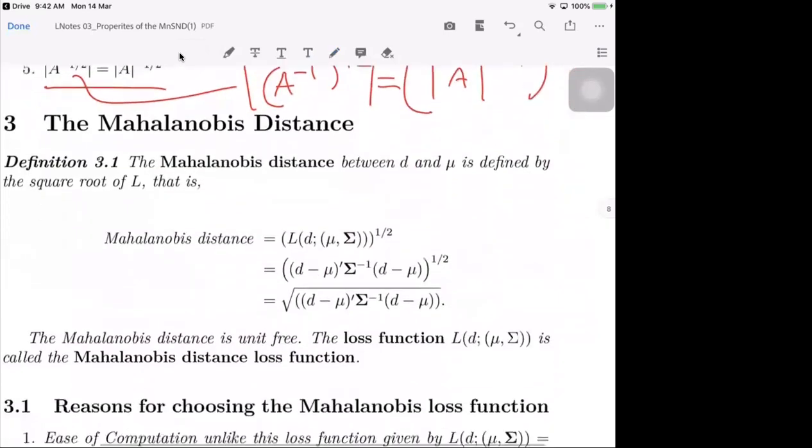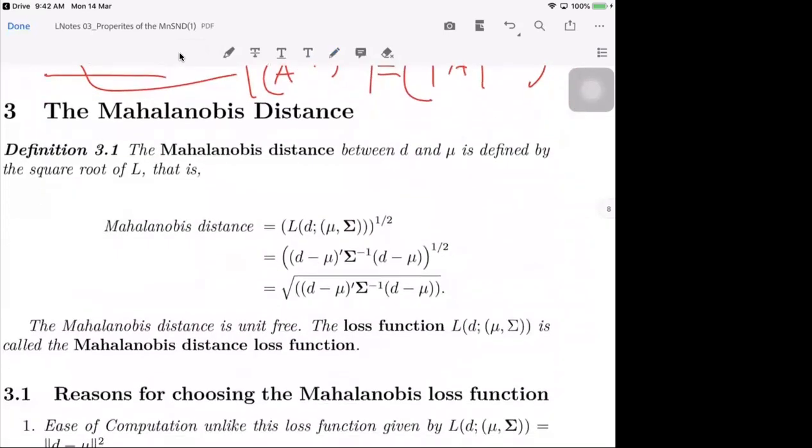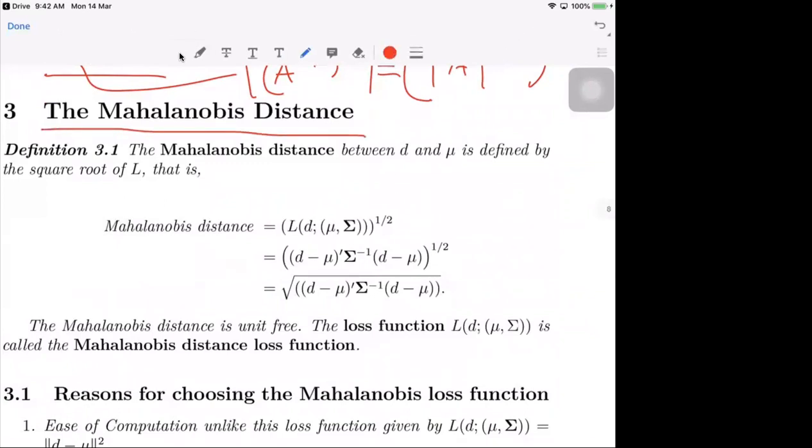Okay, next. This concept, Mahalanobis distance, is usually used when we try to compute the risk or the error committed by using the estimator.